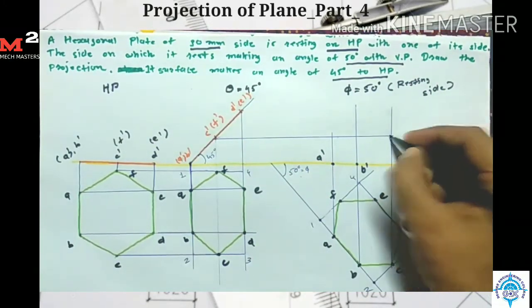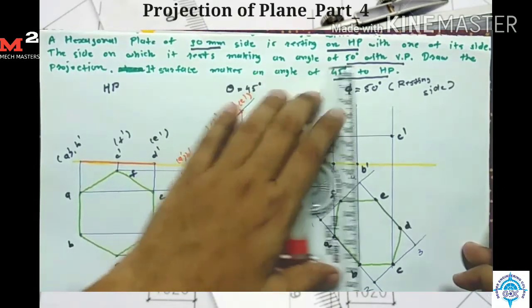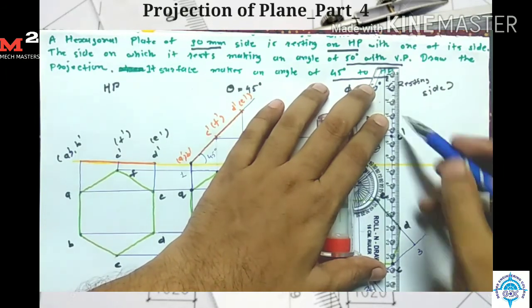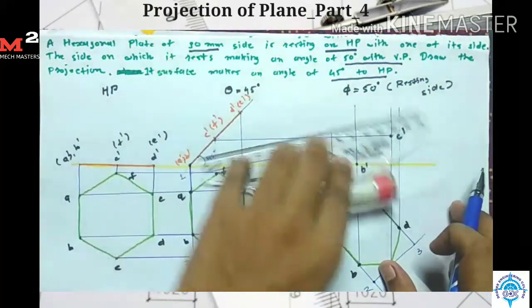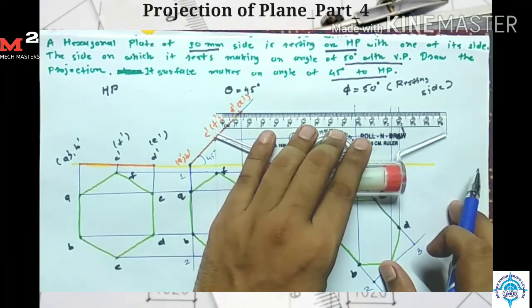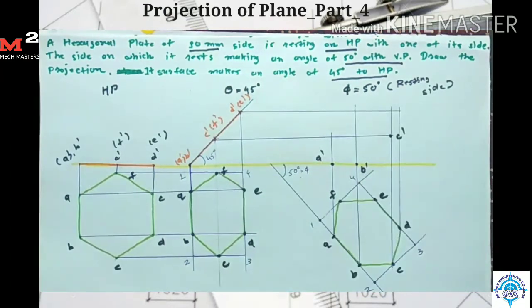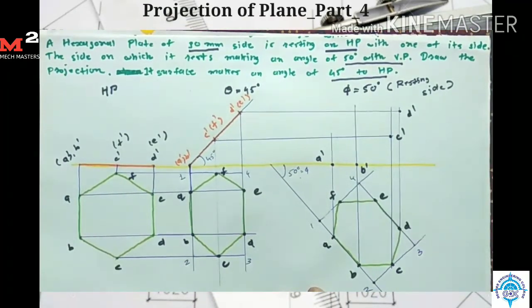So here I get my point C dash. Now for point D I take the projection from here and from here. So here I get my point D dash.